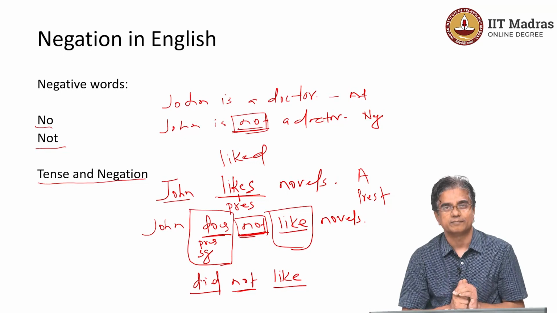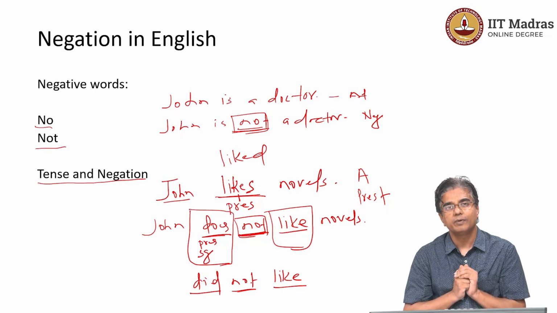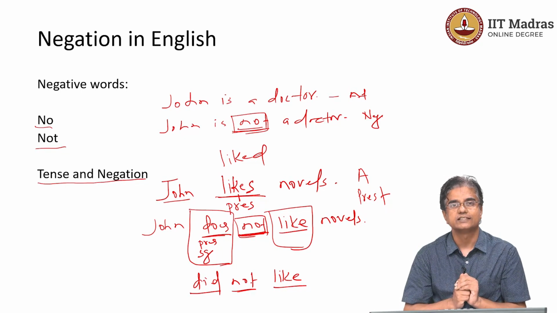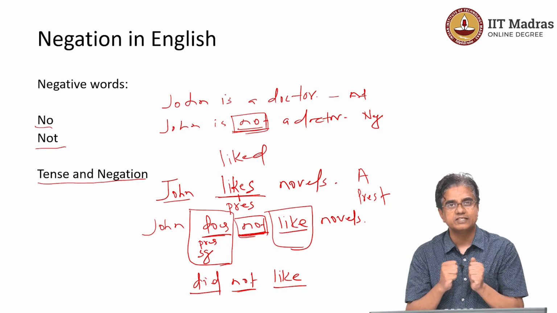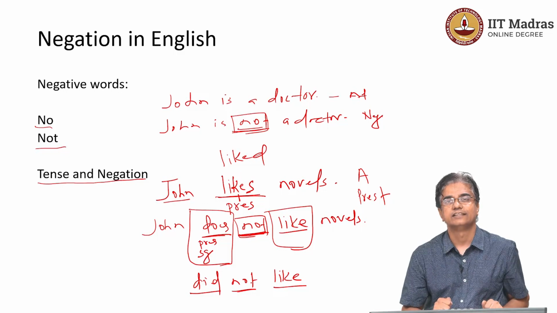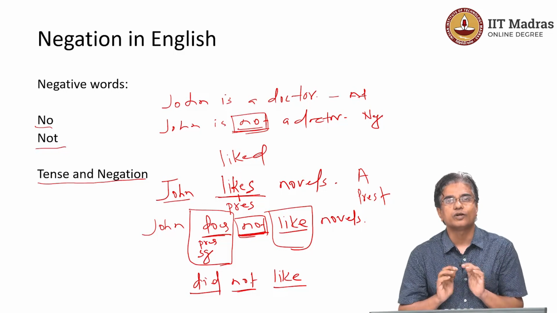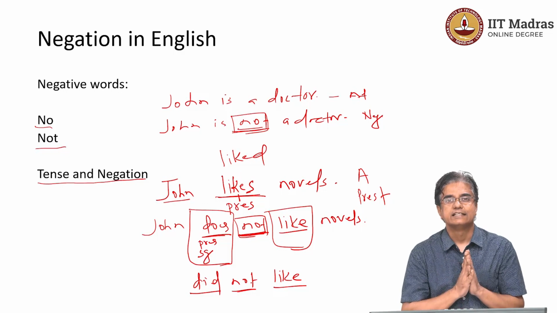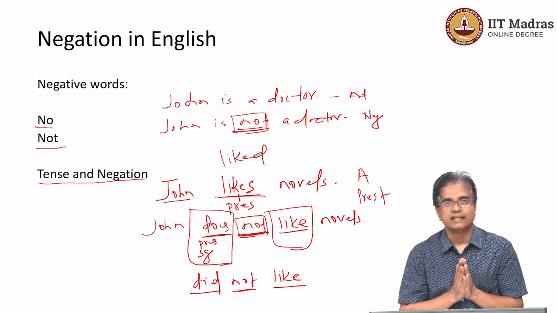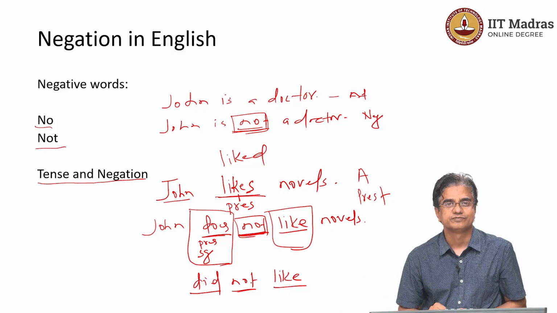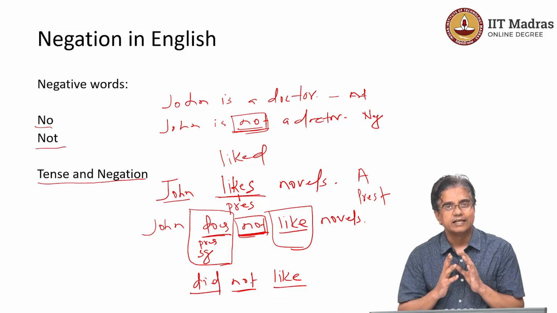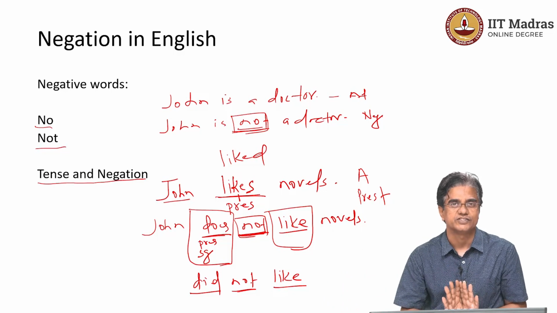It's not just a statement. What we need to know is, in a sentence, negation occurs in between tense and verb. So, the order of elements in a sentence is tense, negation, verb, and then objects. That's the important part. So, this is about negation.